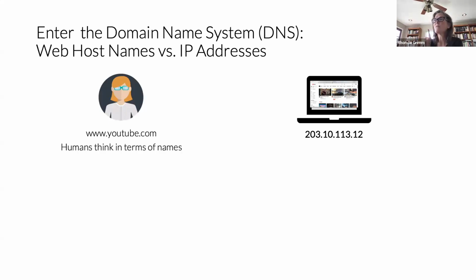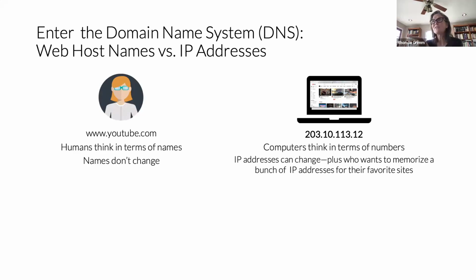We think in terms of names, computers think in terms of numbers. Names don't change, but IP addresses can change. YouTube's IP address can change. And also, who wants to keep a list of their favorite websites and identify them by numbers?